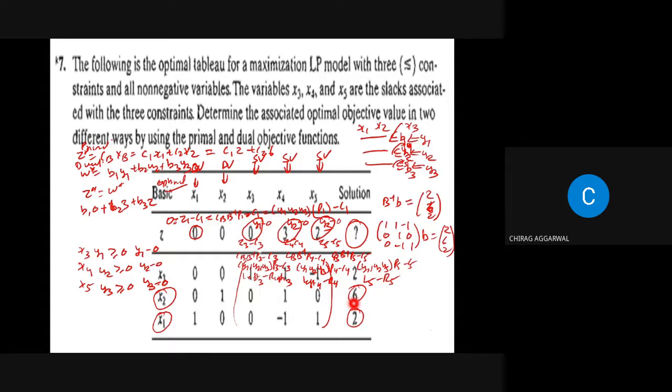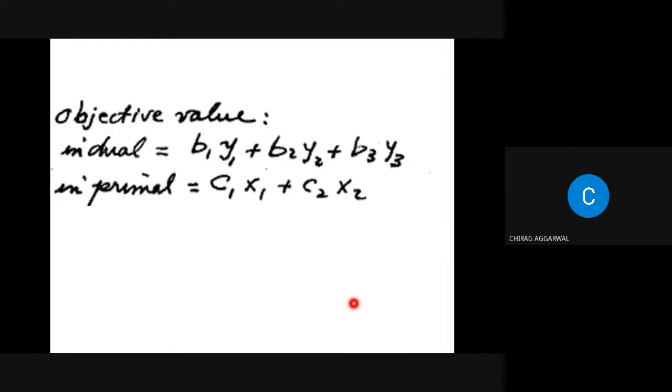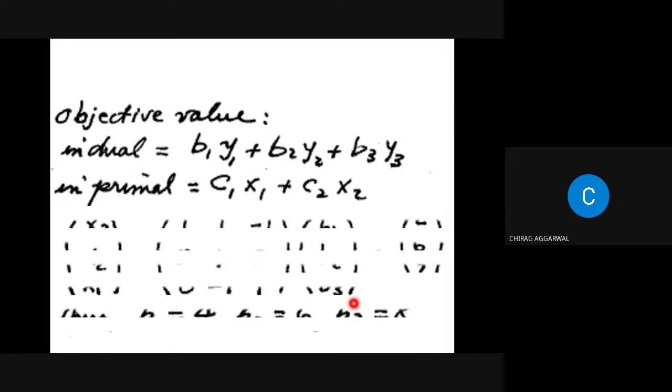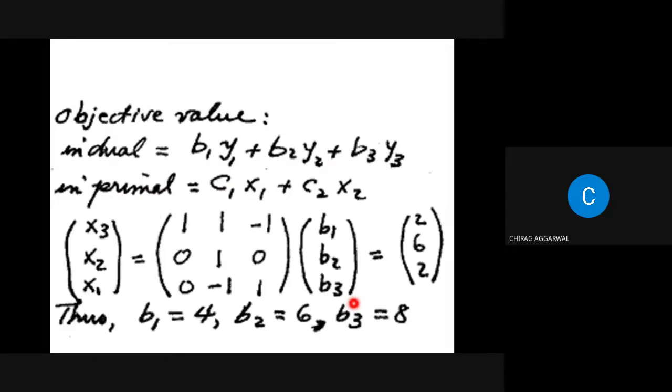By this approach, from here we do not know what is the P1, so this we have already discussed. So here the b1 b2 b3 will come as 4 6 8 by taking the inverse. So here you write the 4, here the 6, here the 8.